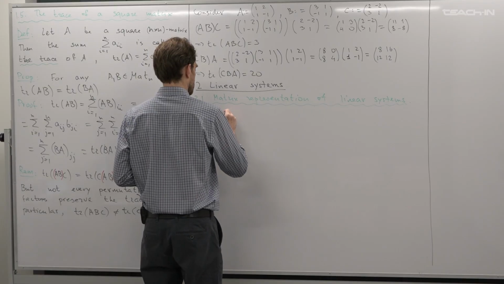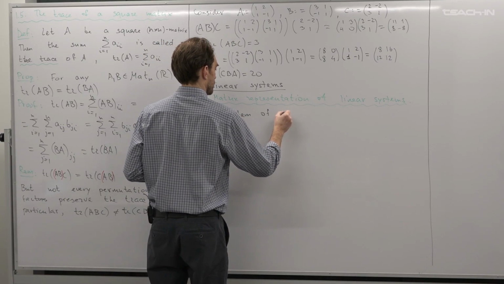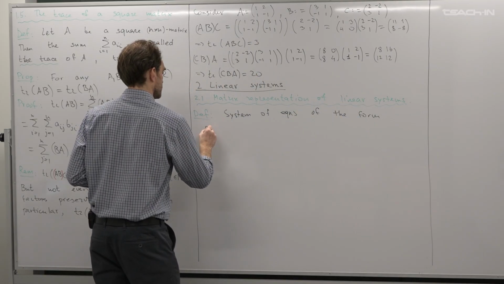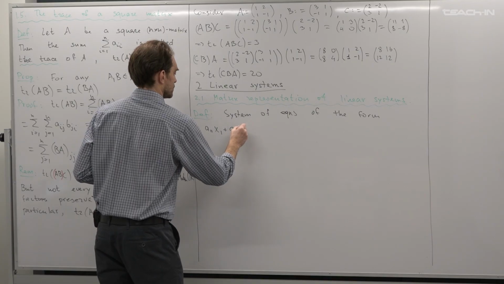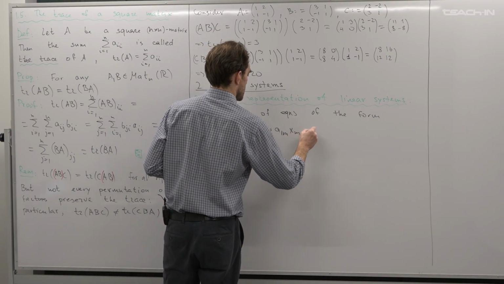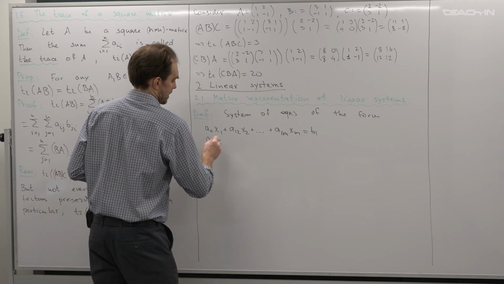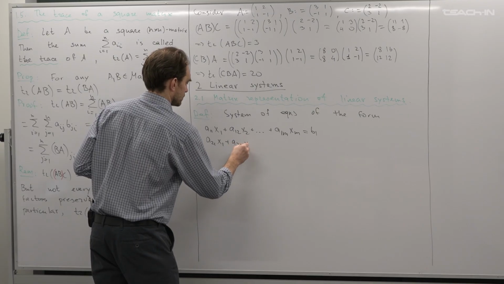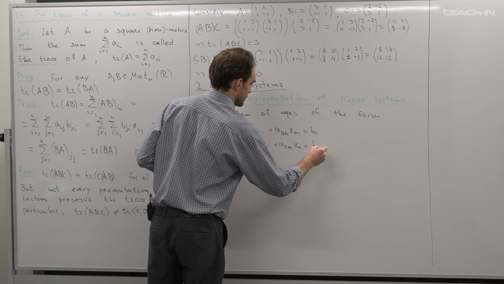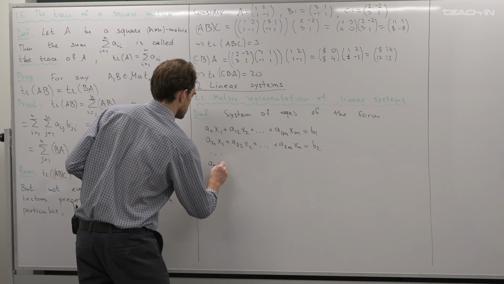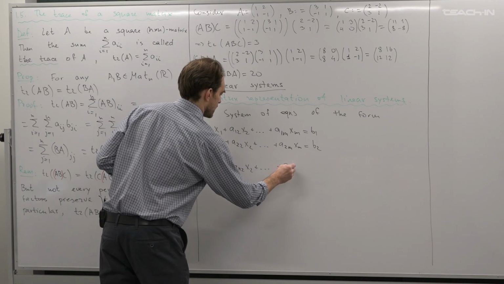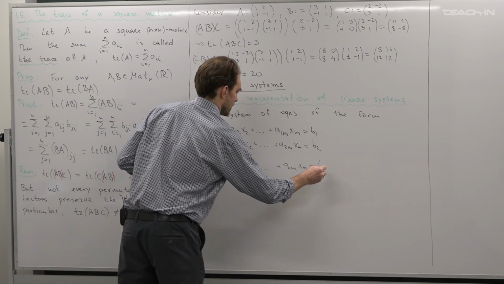So a system of equations of the form a sub 1,1 times x1 plus a sub 1,2 times x2 plus etc. plus a sub 1m times xm equals b1, a sub 2,1 times x1 plus a sub 2,2 times x2 plus etc. plus a sub 2m times xm equals b2, etc., a sub n1 times x1 plus a sub n2 times x2 plus etc. plus a sub nm times xm equals bn.